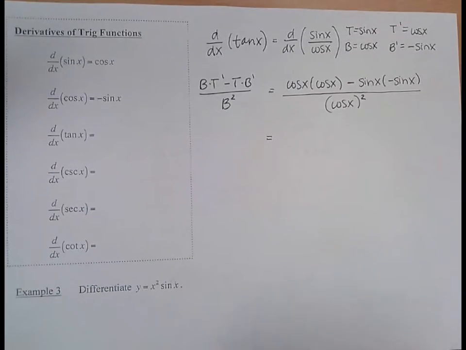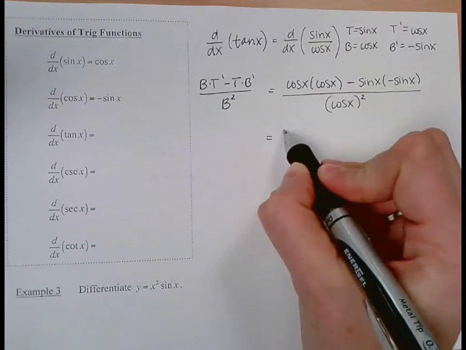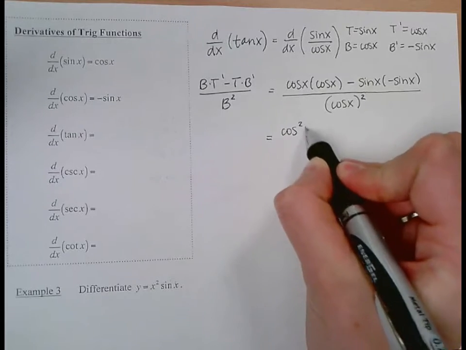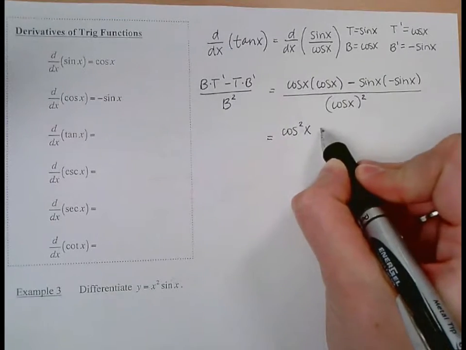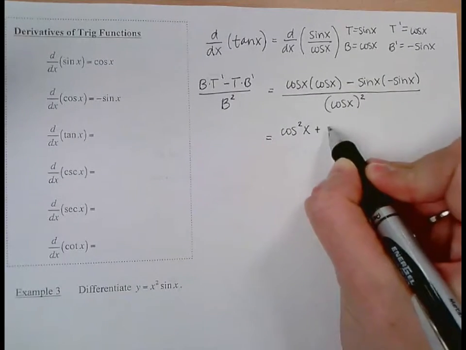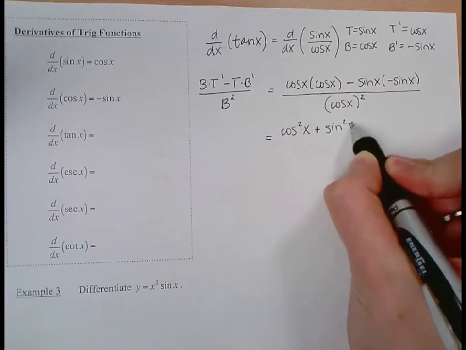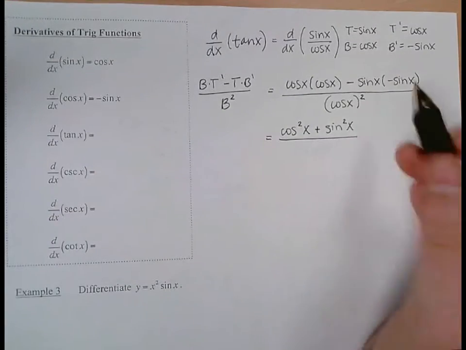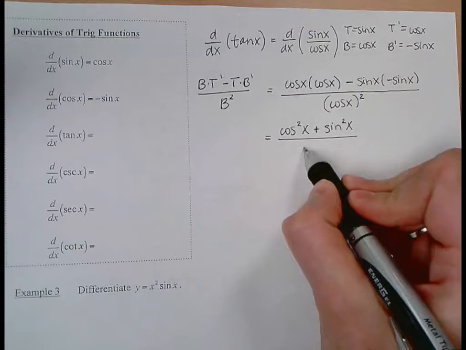So then if we simplify this, we would end up having cosine squared x minus, or actually it'd be plus, sine squared x over, and I'm going to write this now as cosine squared x.